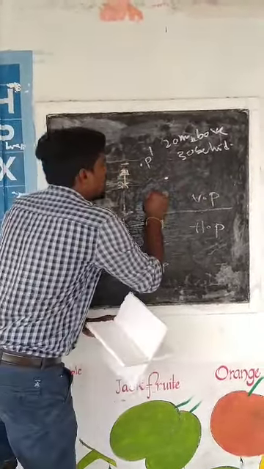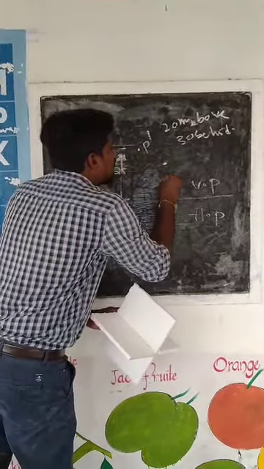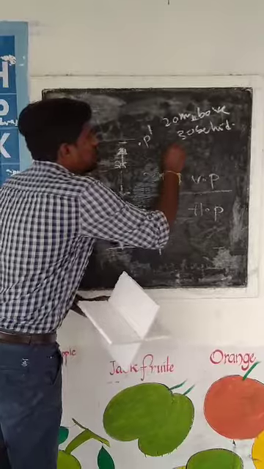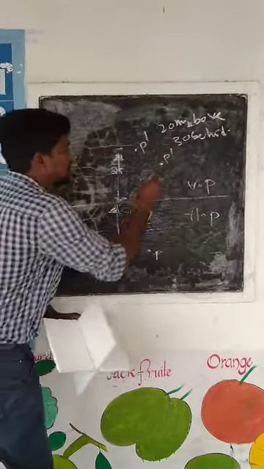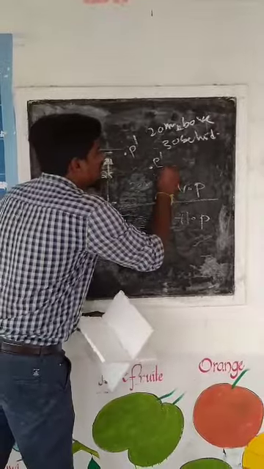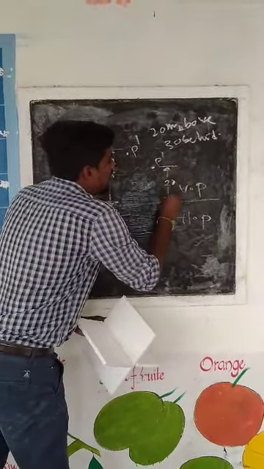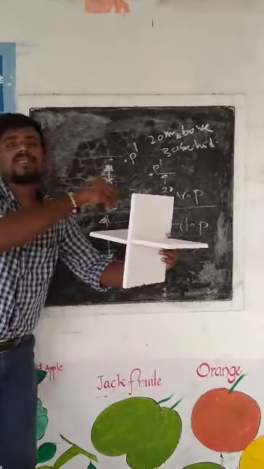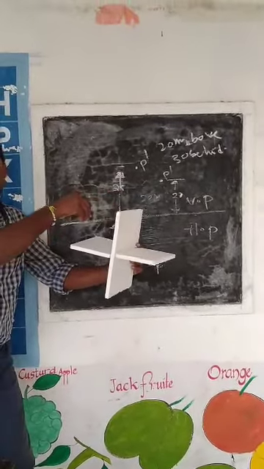This is the front view, P dash. Next, this is 20 mm; we have to mention dimensions. Next, 30 mm behind VP.